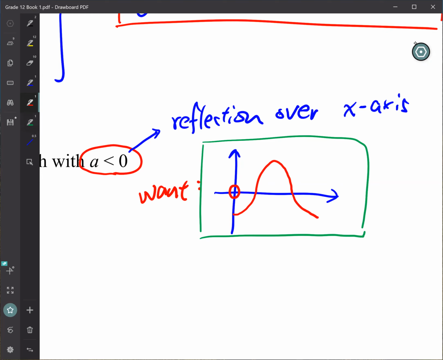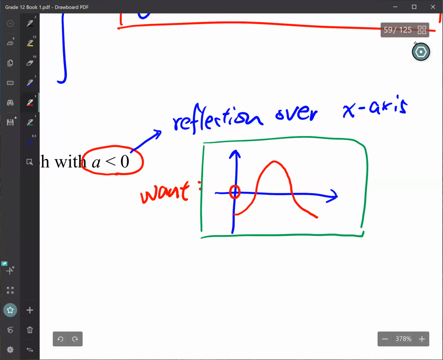Remember for cosine, the graph does not touch the origin, because the starting point is not on the origin. Different from sine. The sine graph, the first point is on the origin, but for cosine, it's either above or below, depending on if you have reflections.